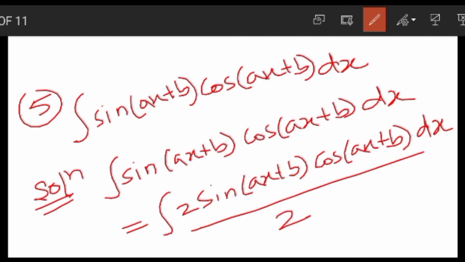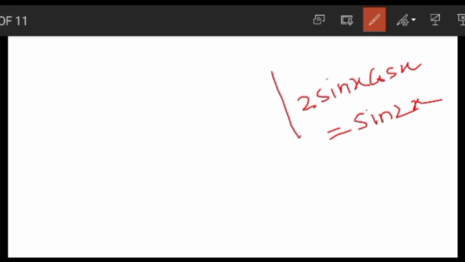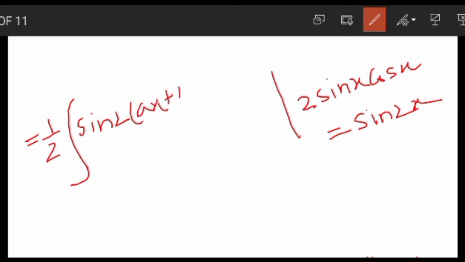From here, applying the formula 2 sin x cos x equal to sin 2x, we have 1 by 2 integration sin 2(ax plus b) into dx, since 2 sin(ax plus b) cos(ax plus b) equal to sin 2(ax plus b).